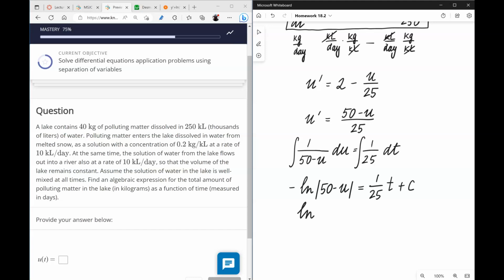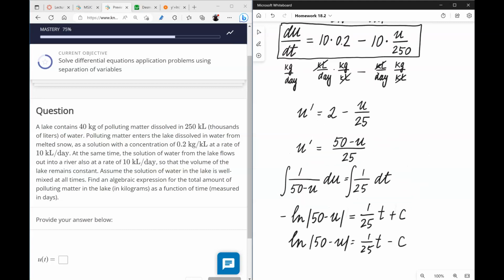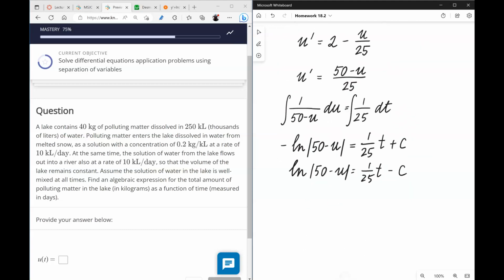So we have ln of 50 minus u equals 1 over 25 t minus c. Now let's exponentiate. So we have 50 minus u is equal to e to the power 1 over 25 t times e to the negative c. So let's call it c1.